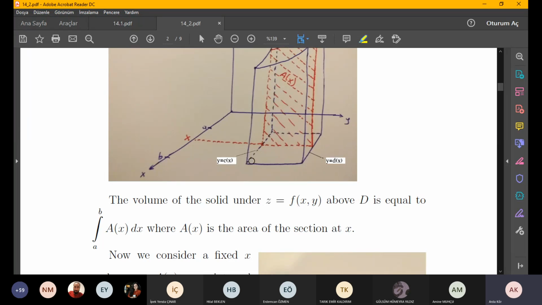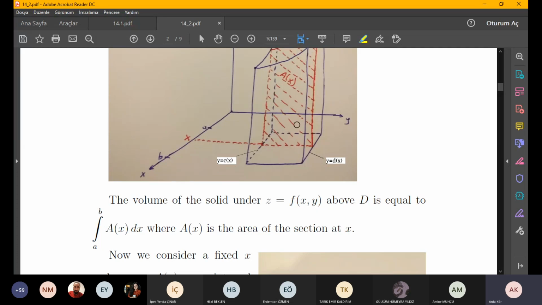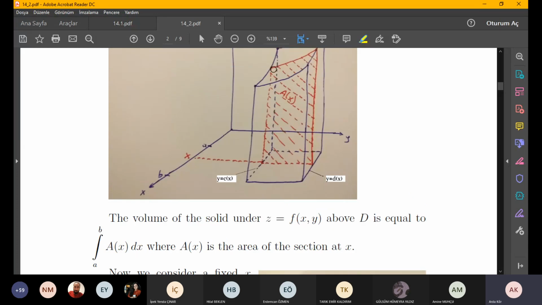So the shaded area here, in red, this one, A(x) from a to b, where A(x) is the area of the section at the point x, which has to be in between a and b, of course.